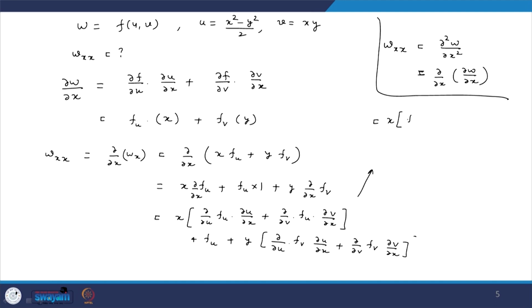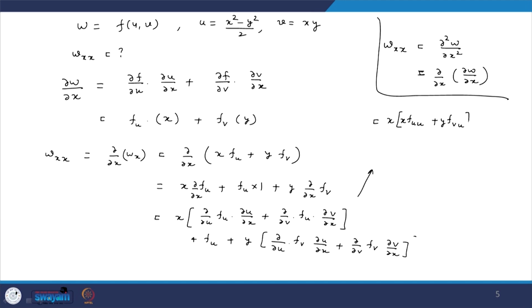What is that? f_uu, I mean the second order partial derivative with respect to u. What is del u by del x from here? It is x. So, it is x times f_uu, plus what is del by del u of f_u? It is f_vu, times what is del v by del x from here? y.